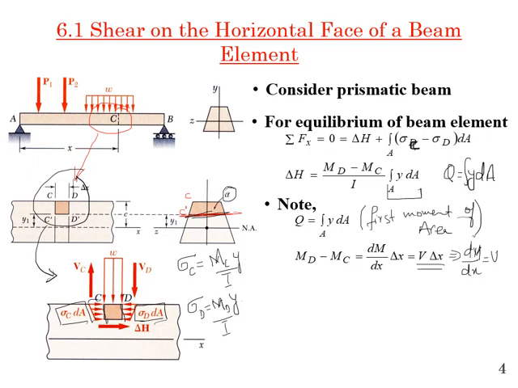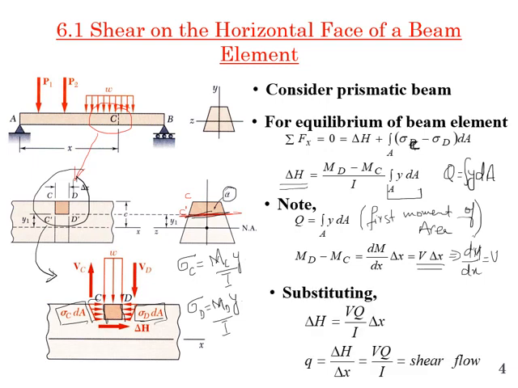Now if we replace MD minus MC, we can relate this shear force with the transverse load, with the internal shear force. So simply replacing this expression with V delta X, delta H will be equal to V, the shear force, times Q, the first moment of area, divided by I, into delta X. And what is delta X?